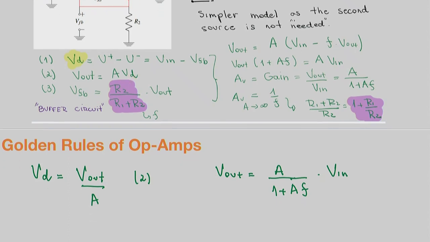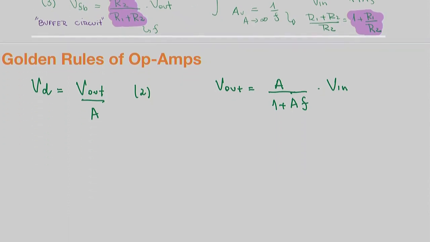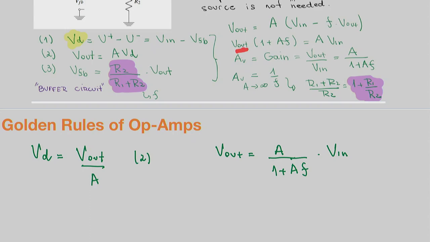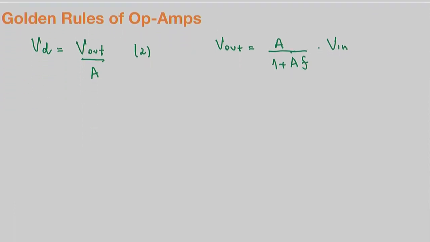Here I'm just writing equation 2 differently by isolating VD, the voltage differential, as Vout over A. We know from the previous class that Vout, which we derived here, is given by A over 1 plus AF, where F is the term that we gave for feedback, times Vin. So now let's do a little bit of interpretation of the meaning of these equations.